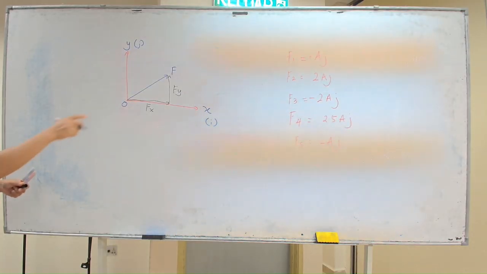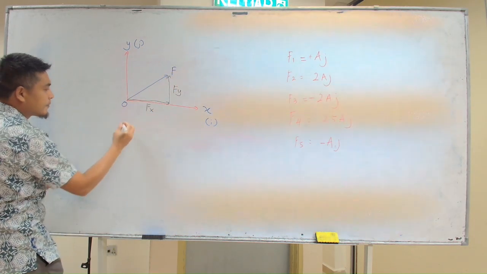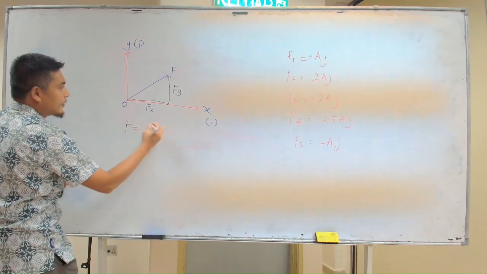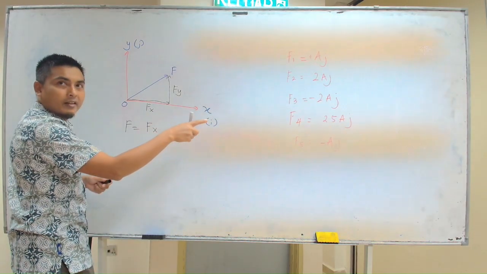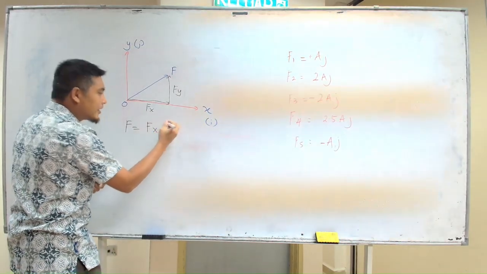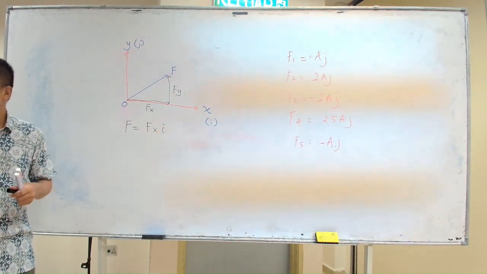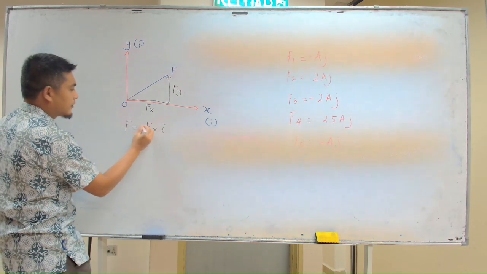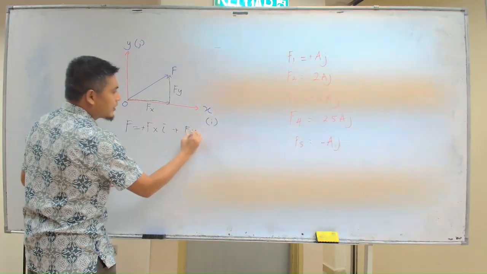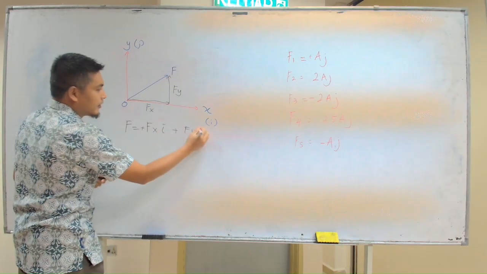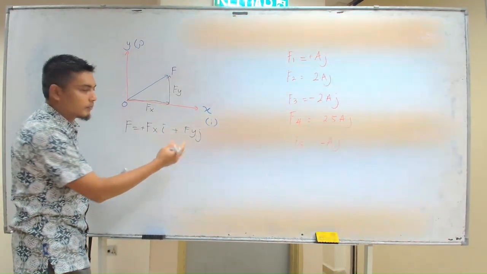So the F here is the combination of Fx, which direction? I direction. Is it positive or negative? Positive. And then plus Fy. What direction? Positive, negative?